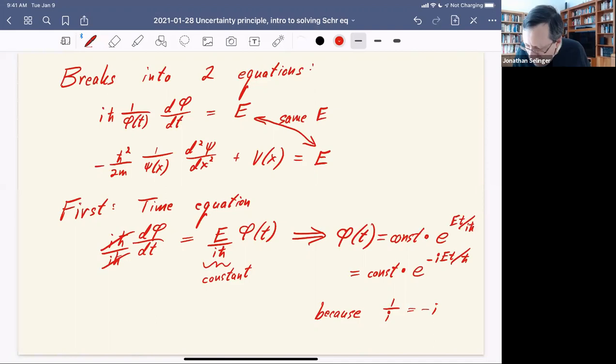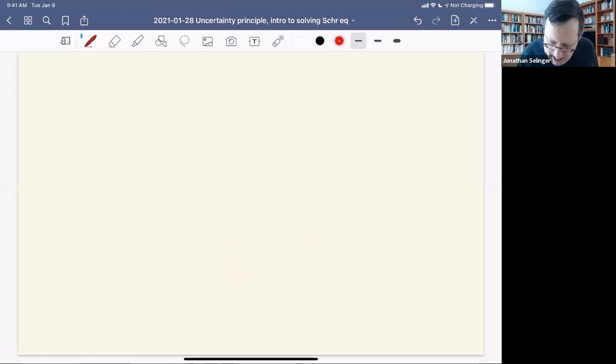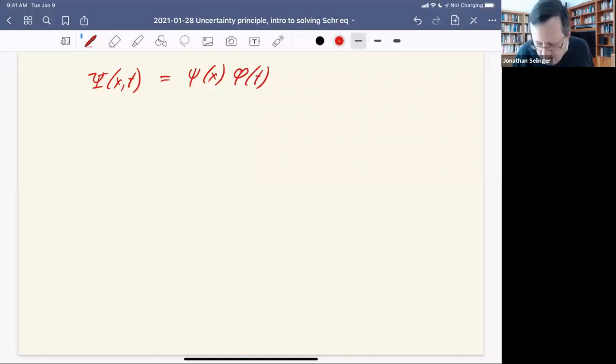Now, for this constant piece, you remember the capital psi of x and t that we're looking for is psi of x times the function of time, phi of t. So it's psi of x times this constant, the exponential of minus i energy t over h bar.